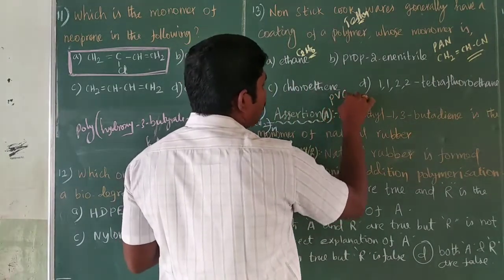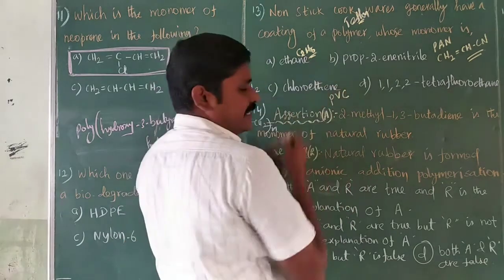Chloroethene gives PVC, polyvinyl chloride, used for electrical things.